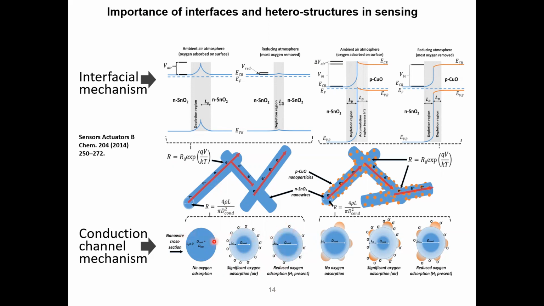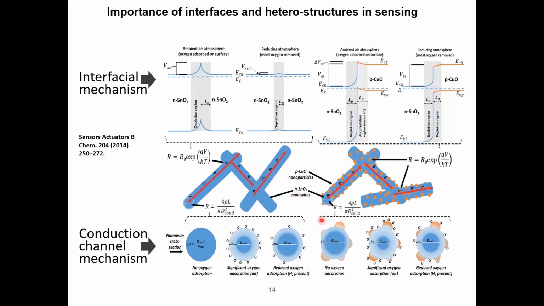So this modulation of the width of the conduction channel will give you sensing characteristic here. In addition to the conduction channel, one has to deal with the fiber-fiber junction that is modulated by the junction barrier that forms.